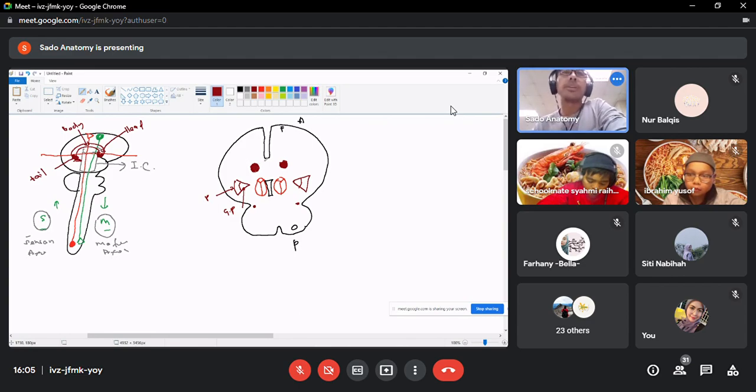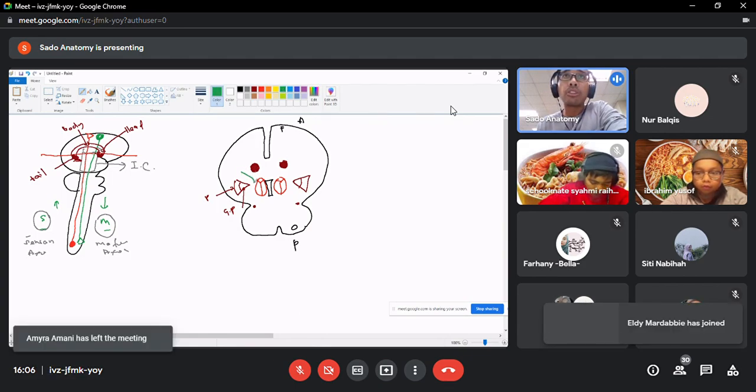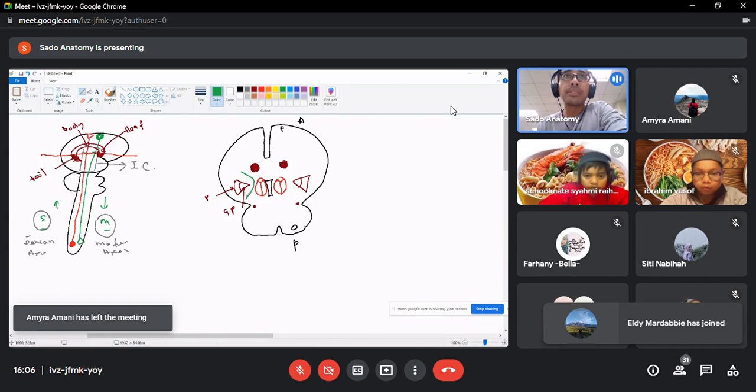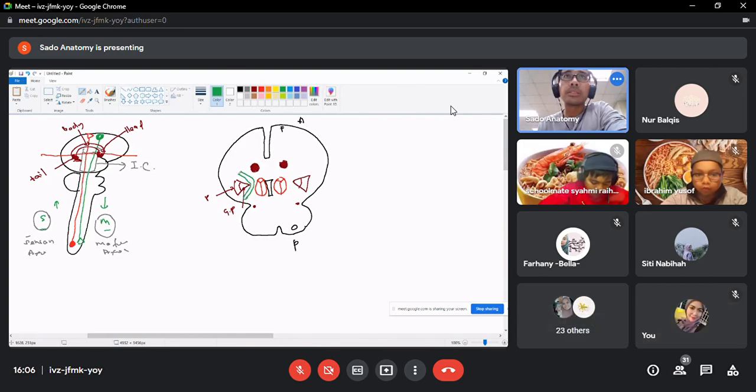Now listen carefully. In between your thalamus and caudate nucleus medially, and the lentiform nucleus laterally, you can see a bundle of axons compressed in between these structures, which are almost curved.